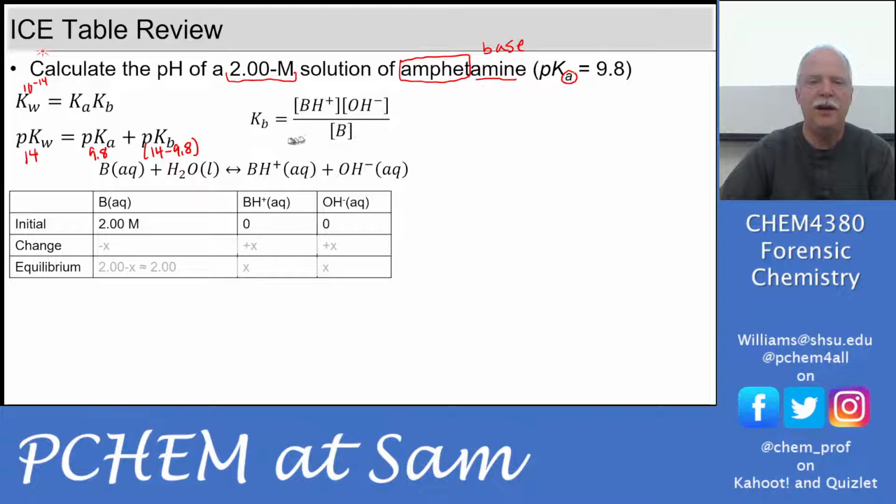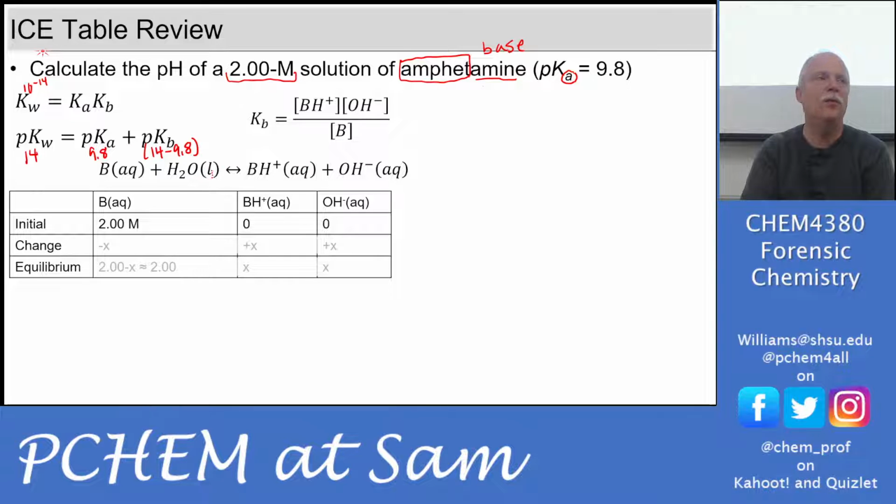And so let's find our Kb. So here's our reaction. It's, again, written in the form of a base. And so our products are on top, BH plus and OH minus, divided by our parent base concentration. And water's not in here because these concentrations are for the aqueous species. Because it's aqueous, we're looking at the concentration of the protonated base in water.